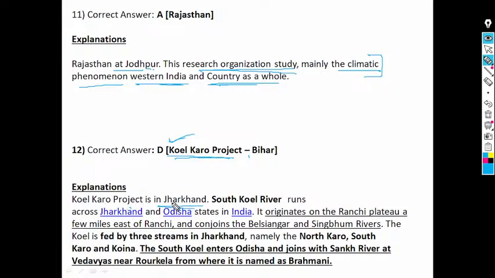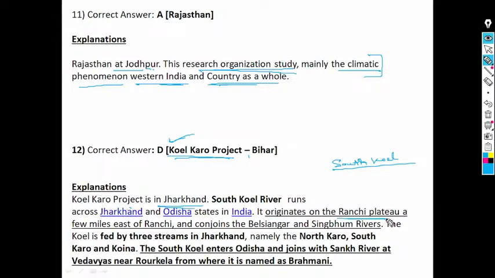Koel Karo project is in Jharkhand. South Koel River runs across the Jharkhand and Odisha states in India.